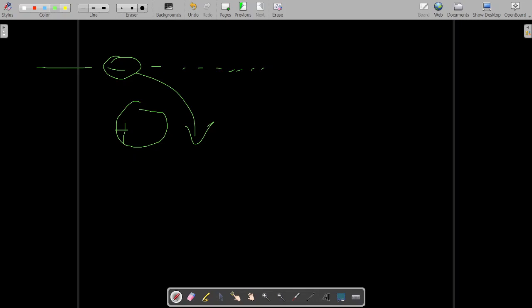Plus Ze, this is basically the nucleus, and this is the deflection of your electron. This negatively charged electron is getting deflected by an angle theta.